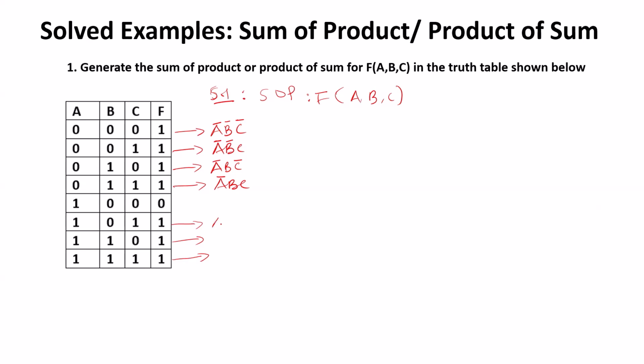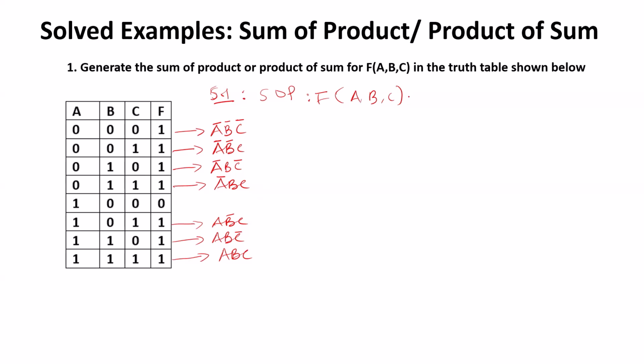Then the next one: because A is 1, it remains, B is 0, we have B bar, and C is 1, it remains. Then the next one: A is 1, it remains, B is 1, it remains, C is 0, it carries a bar. Then the last one: A is 1, B is 1, and C is 1.